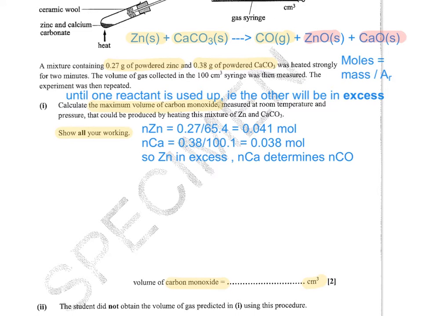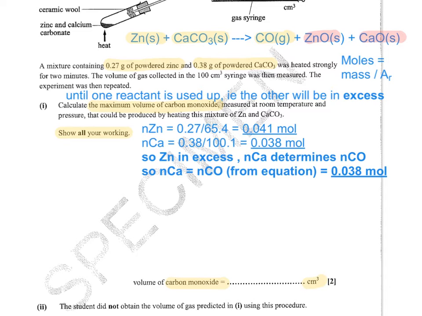So if we work out the moles of each element, you can see that one of them is in excess slightly, the zinc, because it has a bigger number of moles, but only just. So that means that the determining factor, the limiting factor, what will actually determine the number of moles of carbon monoxide, which is what we need to work out the volume, is the number of moles of calcium. So what we can now deduce is that you've got 0.038 moles of carbon monoxide.